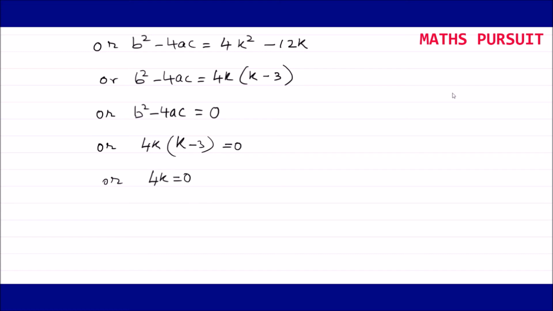Or I can say k minus 3 is equal to 0 upon 4k. Guys, we very well know that if we divide 0 upon anything, then that value is 0. So I can write k minus 3 is equal to 0, or k is equal to 3.